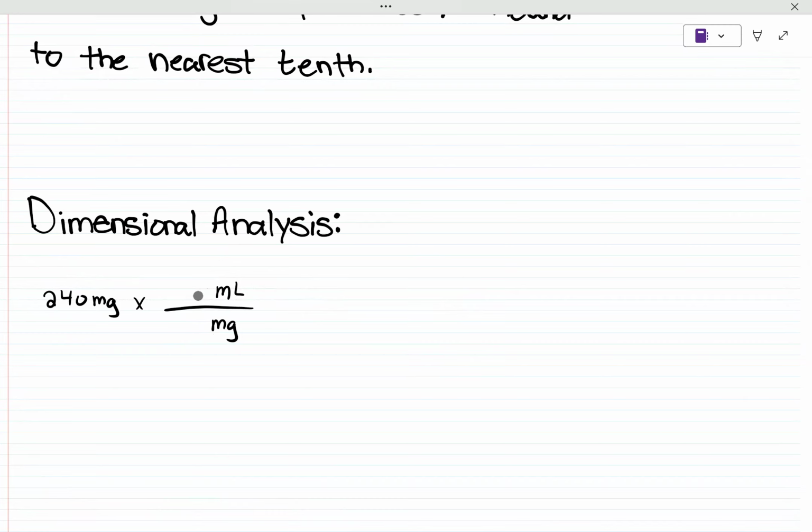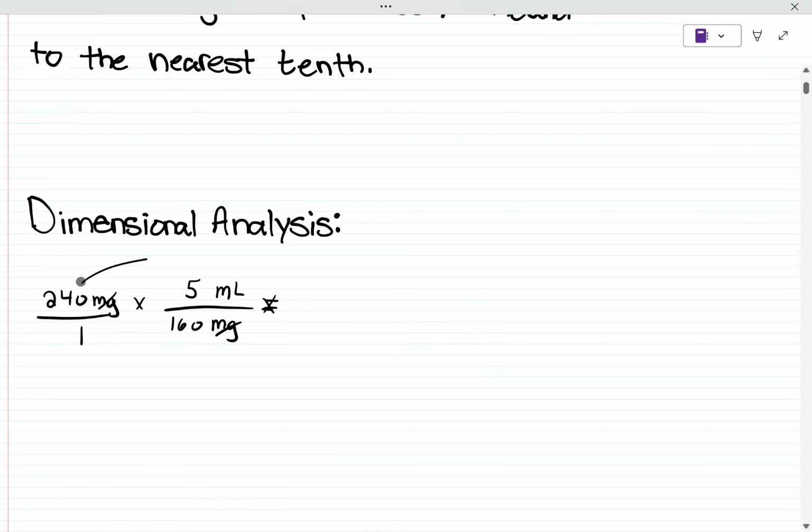Our availability is 160 milligrams per 5 milliliters. That was given, and that's it. As you can see, the milligrams disappear and you're left with milliliters.